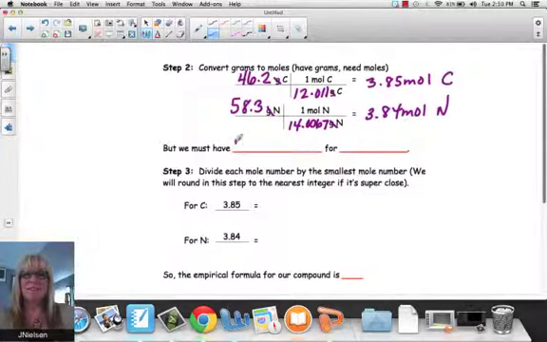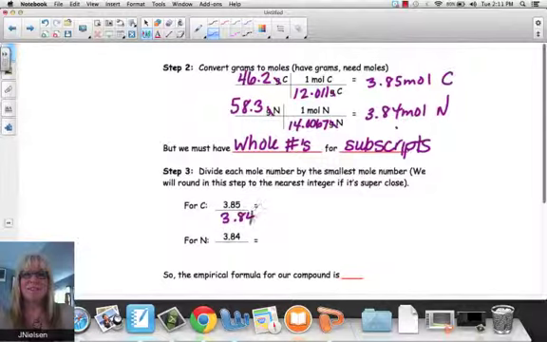But we must have whole numbers for subscripts. So what's the next step? We did grams to moles. Now we have to divide by small. So the smaller of the two numbers of the moles is 3.84.